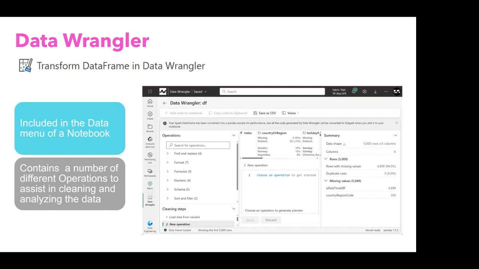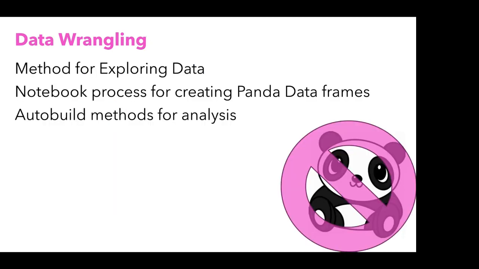And once you exit out of Data Wrangler, what it's going to do is then transform that code from pandas, which is what it writes inside of Data Wrangler, into standard PySpark using data flows in a notebook. And the reason that matters is because pandas are not Spark compliant, so you don't want to use them in Spark code.